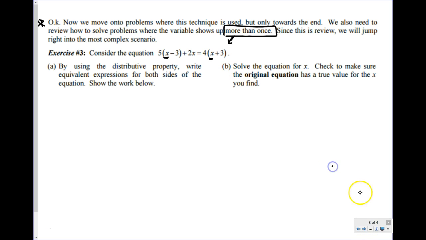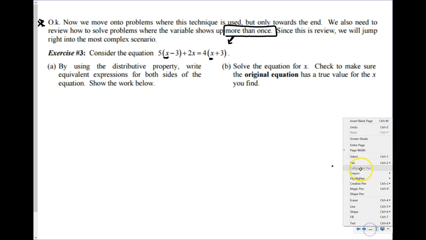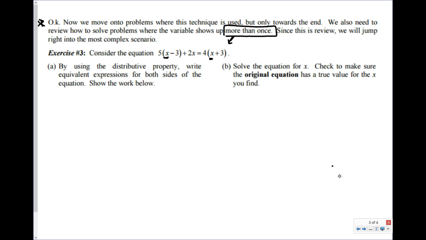So part A, let me get my pen. Okay, part A: by using the distributive property, write equivalent expressions for both sides of the equation. So this is saying the first thing you should do here is distribute. So I'm going to rewrite the equation, 5 times x minus 3 plus 2x equals 4 times x plus 3. And I'm going to distribute the 5, and I'm going to distribute the 4.